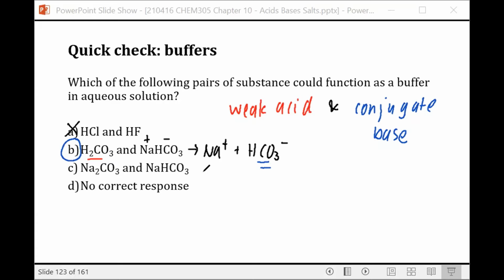So you have sodium carbonate, so 2 Na plus CO3 2 minus in equilibrium with Na plus HCO3 minus. So we don't have a conjugate acid-base pair here because we need a weak acid and then its conjugate base. And we don't have that available here. So it's not going to be answer C either.